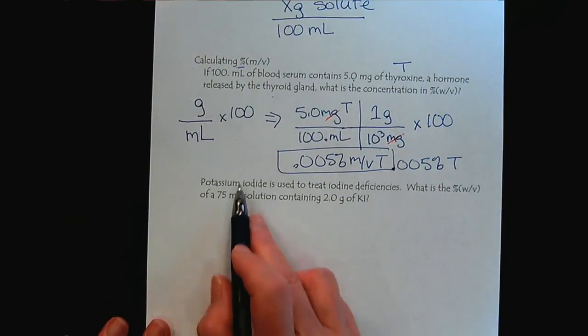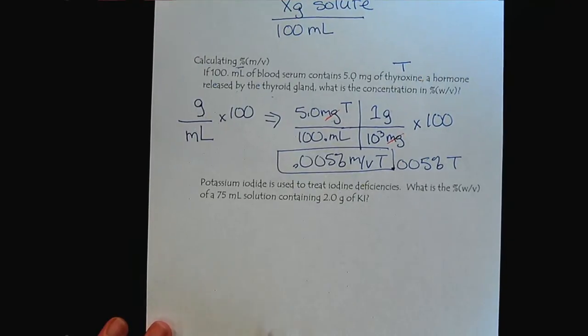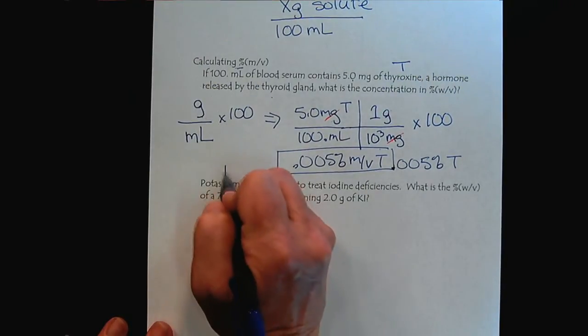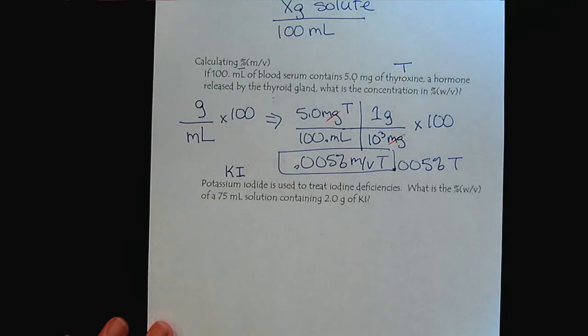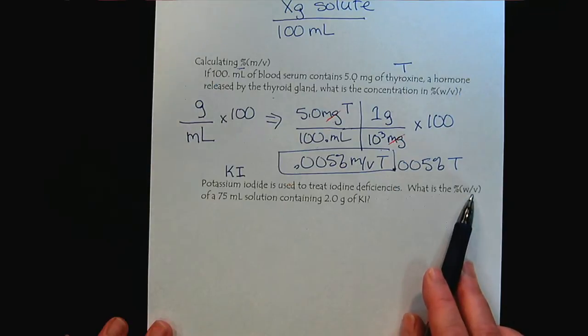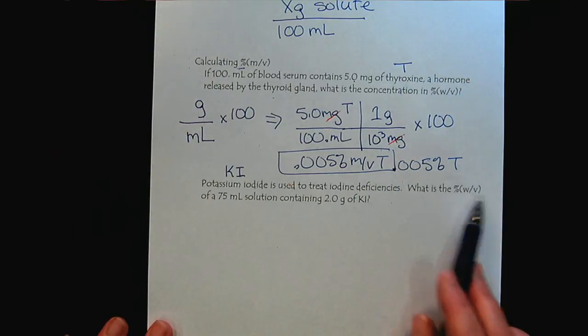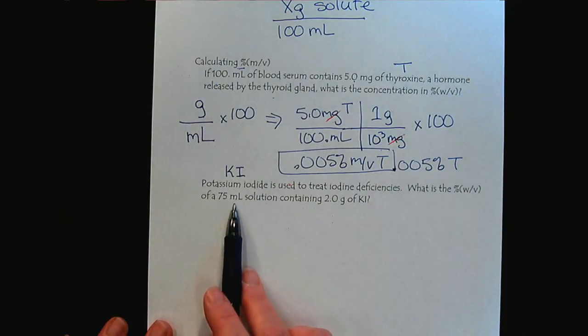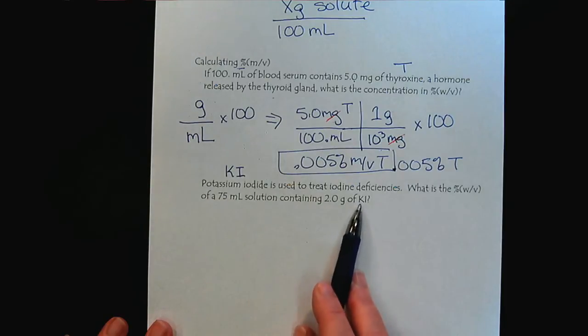So potassium iodide, when we hear that name, we instantly think of the chemical formula, is used to treat iodine deficiencies. What is the percent weight over volume? Remember, that's the same as mass over volume of a 75 mL solution containing 2 grams of potassium iodide.